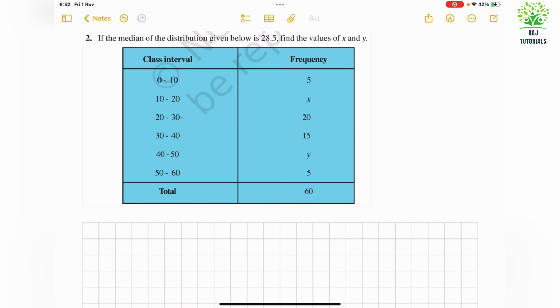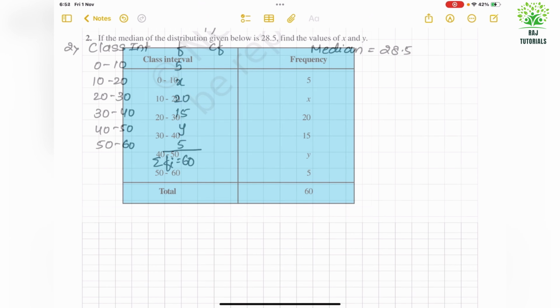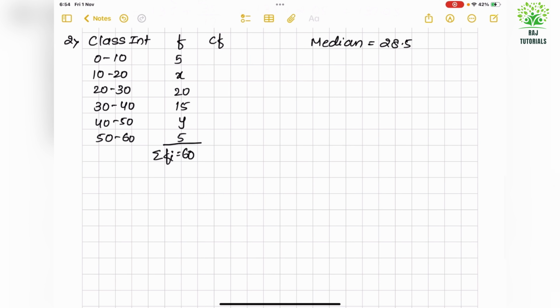Now the second question says if the median of the distribution given is 28.5, find the values of x and y. Class interval and f are given. So for CF I am finding 5 plus x, then 25 plus x, then 25 plus 15 will be 40 plus x, then 40 plus x plus y, and 40 plus 5, 45 plus x plus y.